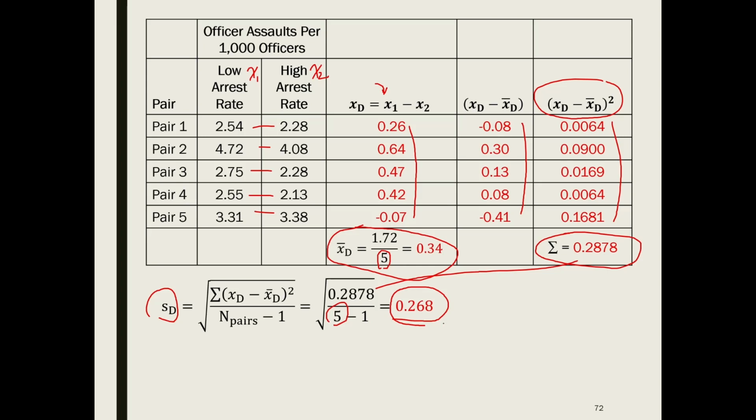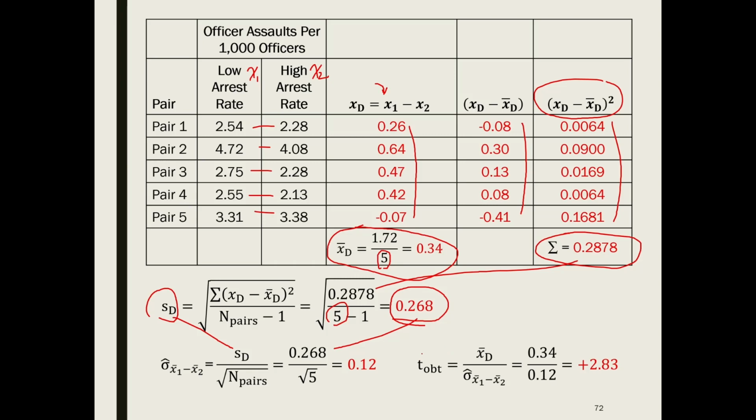So you get the standard deviation of the difference scores, 0.268. Then you use this SD to calculate the estimated standard error, which is this number divided by the square root of 5, and you get 0.12.